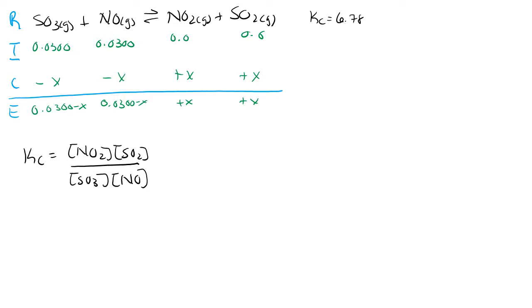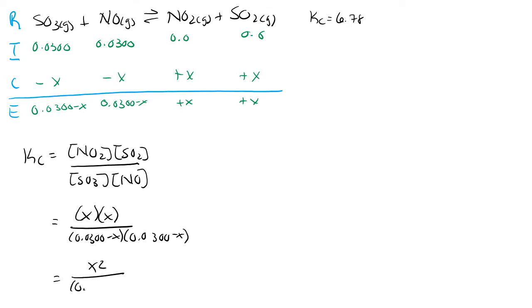So that becomes x times x, which is also known as x squared, right? Over 0.0300 minus x times 0.0300 minus x. So I'm going to rewrite that as x squared over (0.0300 minus x) squared, and this is equal to 6.78.